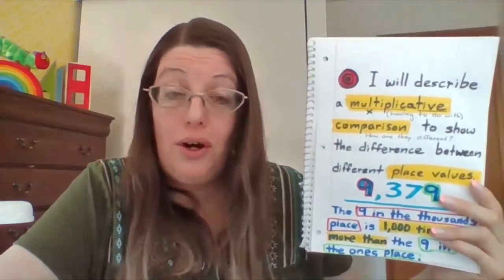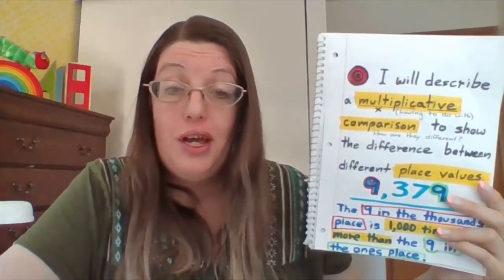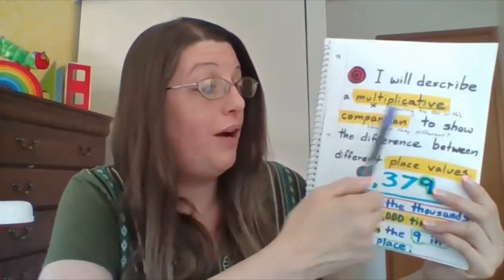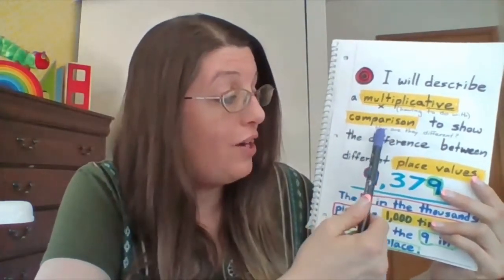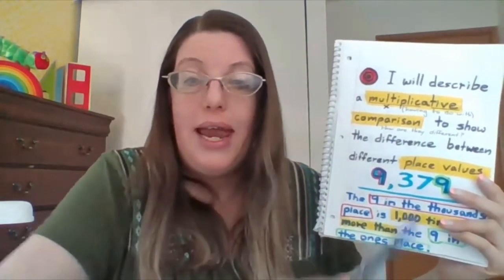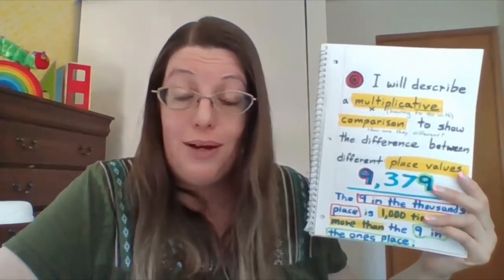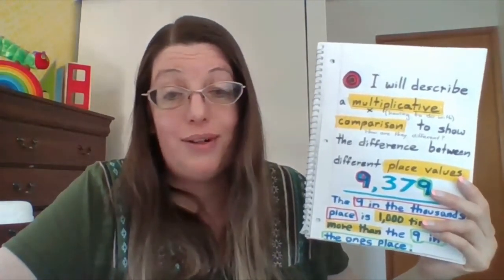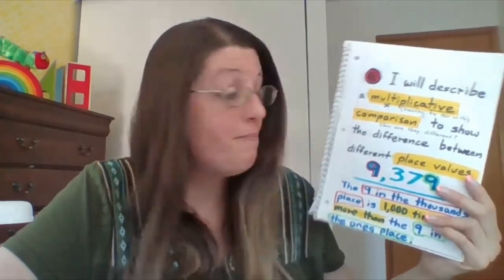Remember, we need the correct mathematical words in order to describe or tell about a multiplicative comparison in order to show the difference between different place values. A number in the thousands place is going to be 1,000 times bigger than the same number in the ones place.